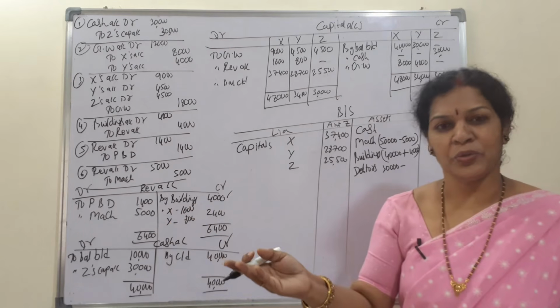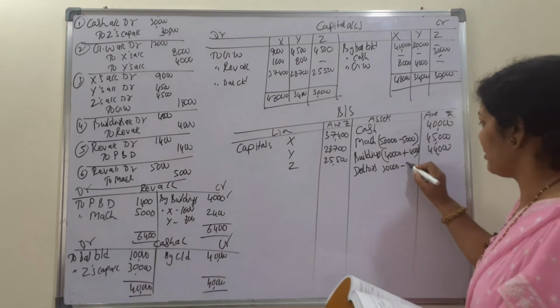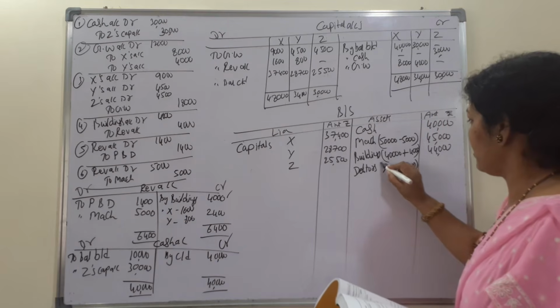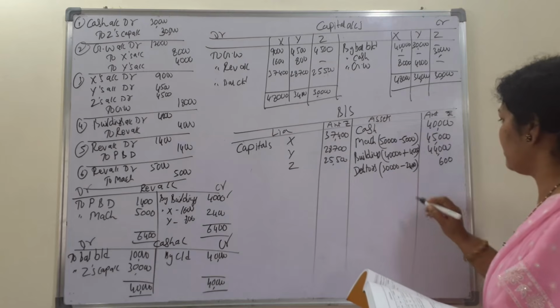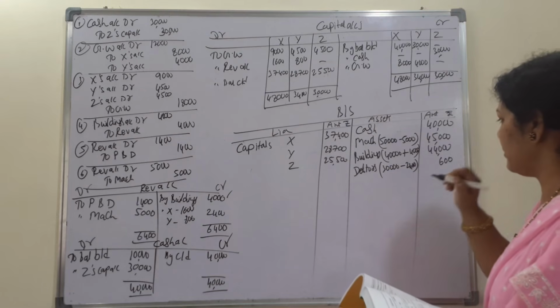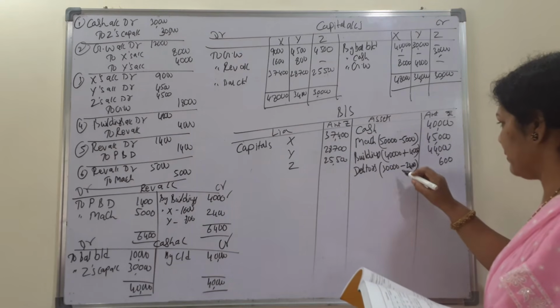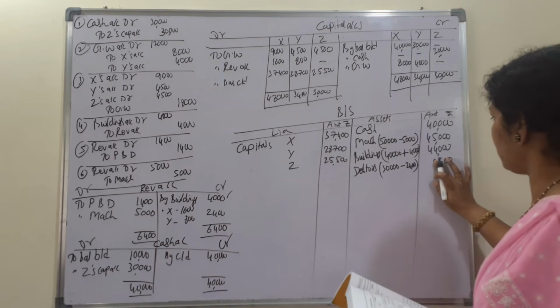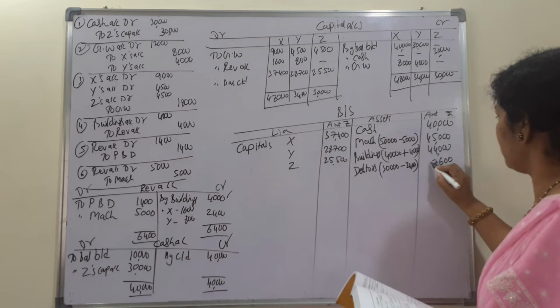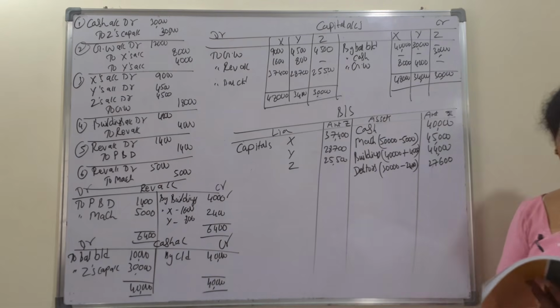So altogether 2,400 we are deducting. If we deduct it, you will get 27,600. Okay, so this is over.